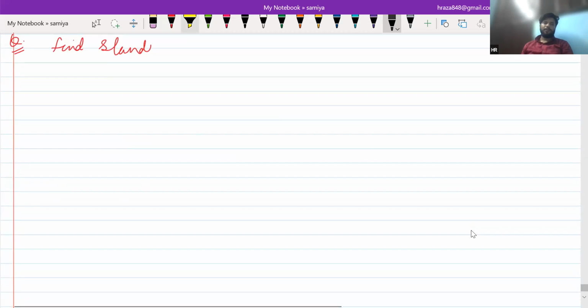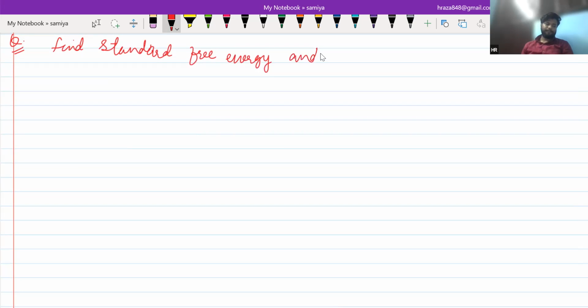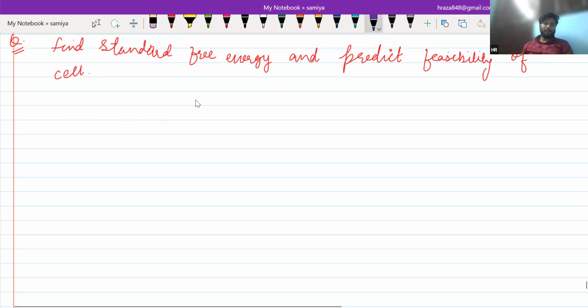Now the question starts. Find the standard free energy and predict feasibility of the cell, whether it will be feasible or not.